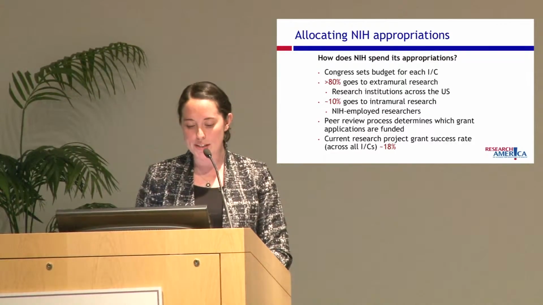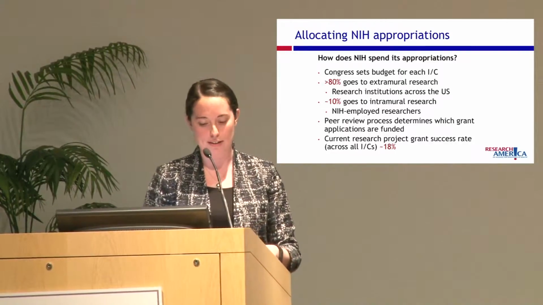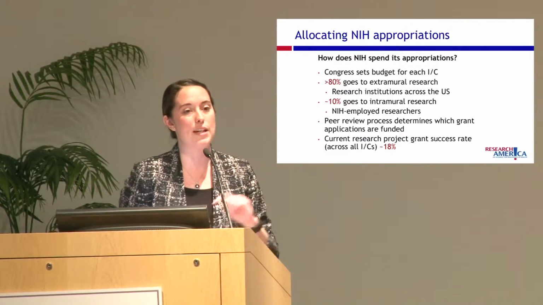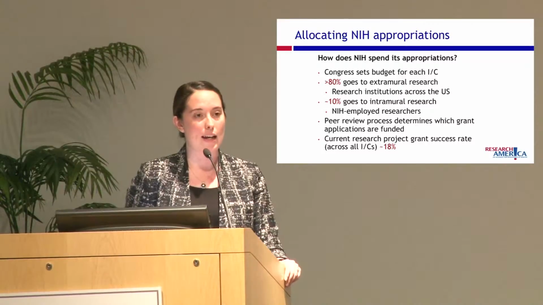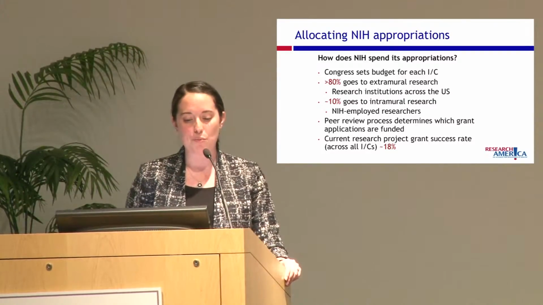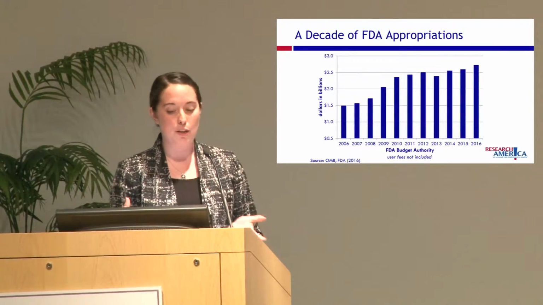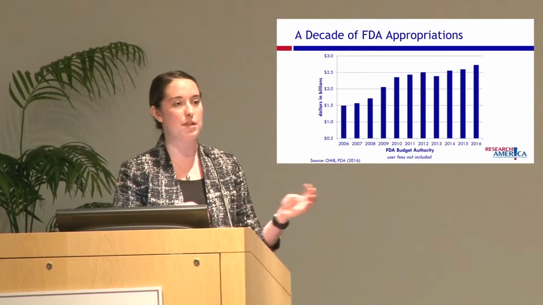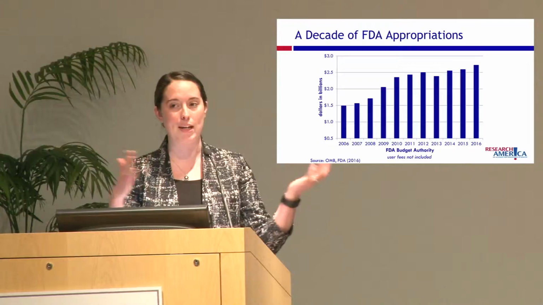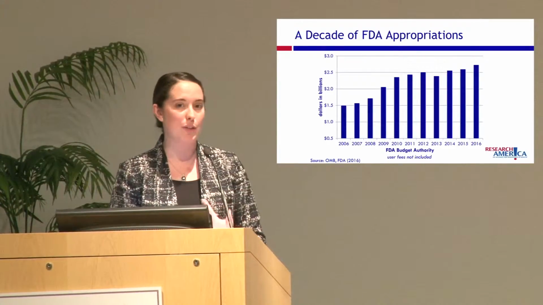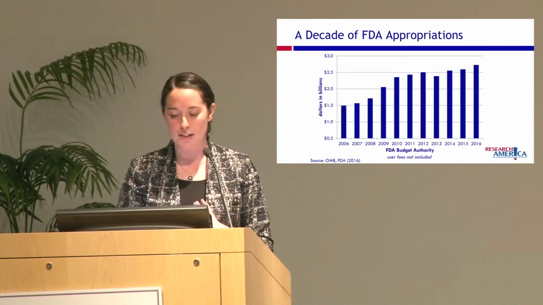So once that money gets to NIH, how is it allocated? Congress does set levels for all 27 institutes and centers at NIH. And then within that, about 80% of NIH's overall budget goes to extramural research. So that's research that's happening at academic institutions, probably in every state, in your backyard where you come from, at your university of your state, all across the country.